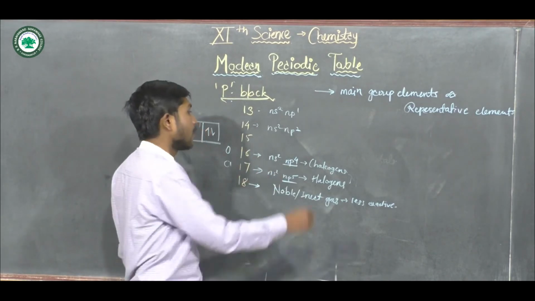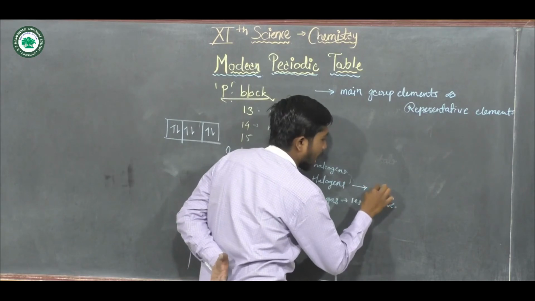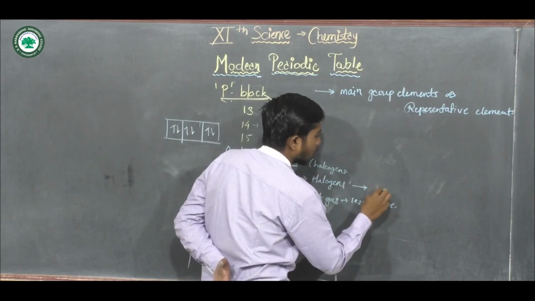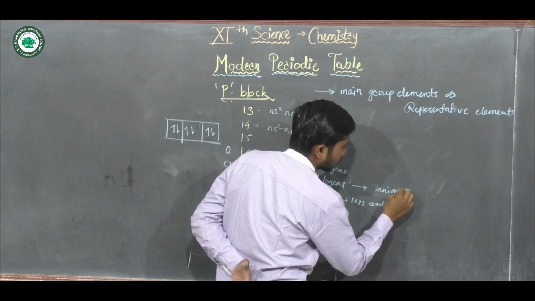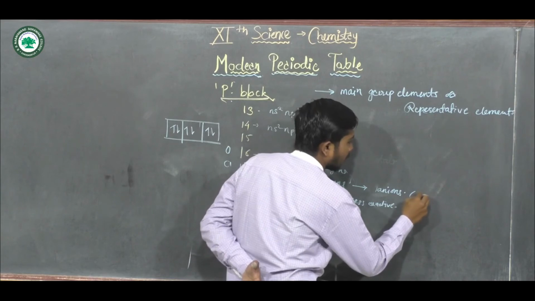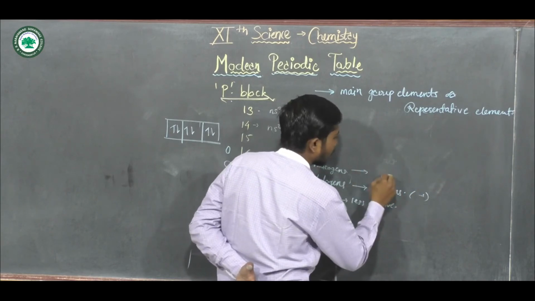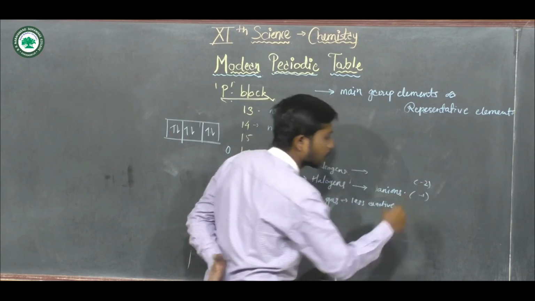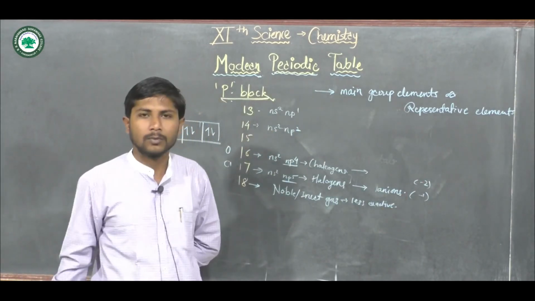Halogens accept one electron to form anions with charge -1, and the chalcogen family also forms anions, having charge -2.